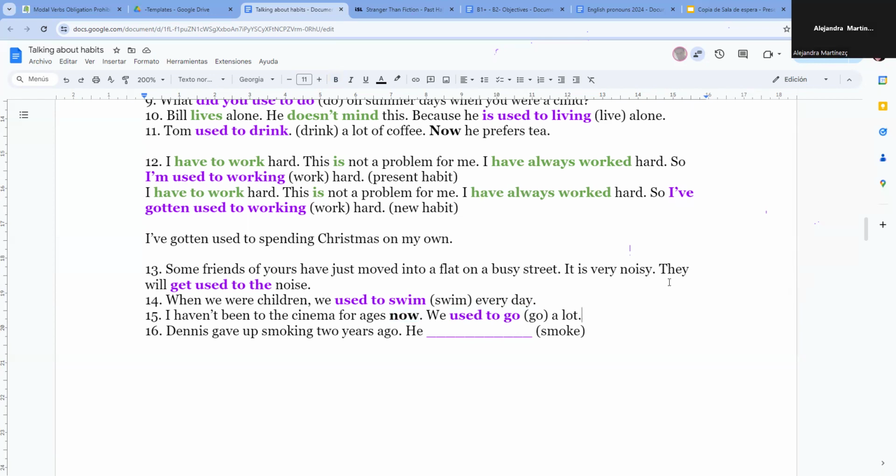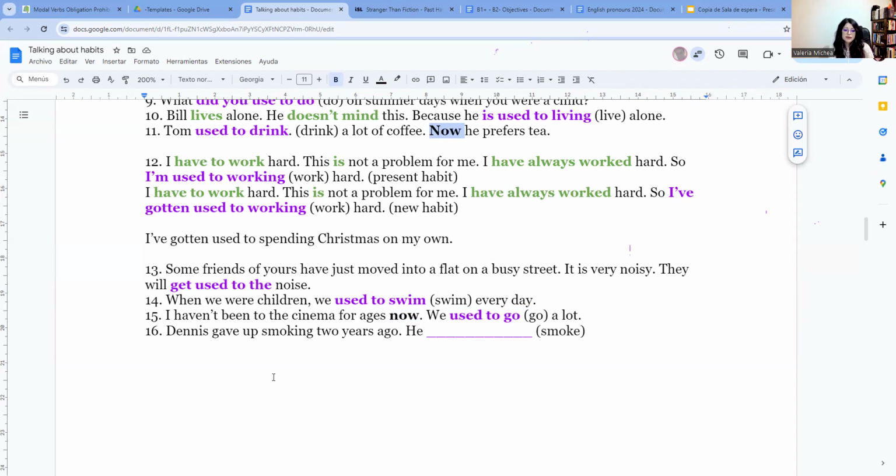All right, so again, remember when you have words like now, currently, in the present, right now, anything that refers to the present, usually we are making a contrast between what used to happen in the past and what happens now. It's the same thing that we have here: Tom used to drink a lot of coffee in the past, but now he prefers tea. So we are making a contrast between the past and the present.